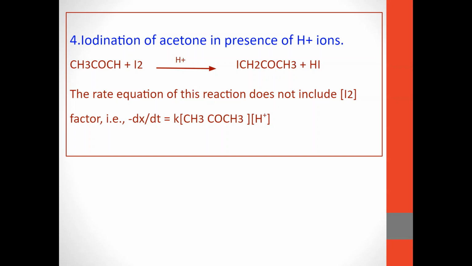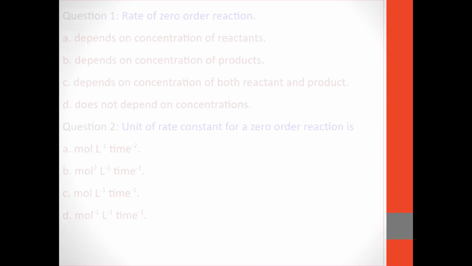In certain reactions, the rate of reaction does not depend on the concentration of the reactant, that is, the rate is proportional to the zeroth power of the concentrations. Such reactions are called zero order reactions. So in this lecture we have learned the zero order reaction and also its characteristics.